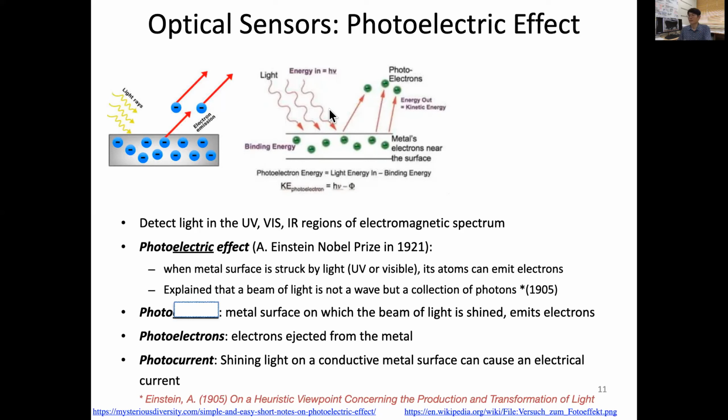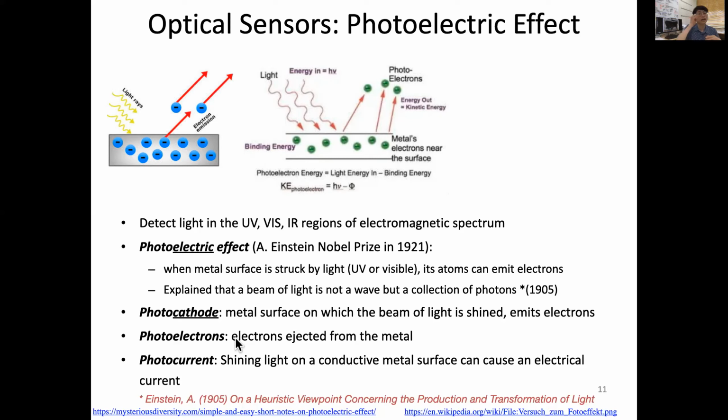So the metal in this effect we call a photocathode. Cathode is a place where electrons will be ejected, depart. So it is the metal surface on which the beam of light is shone and which emits electrons. And that electron we call a photoelectron, which is ejected from the metal.